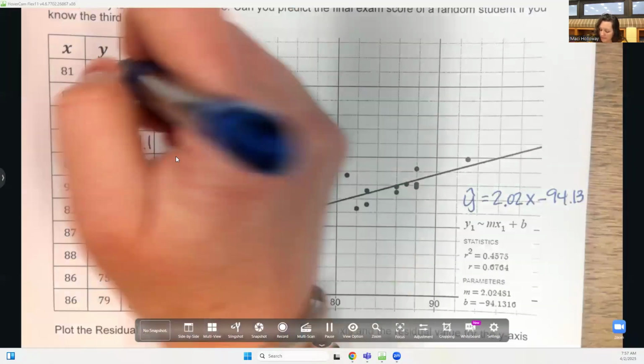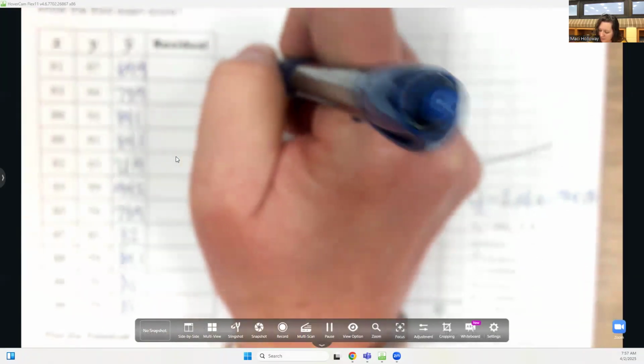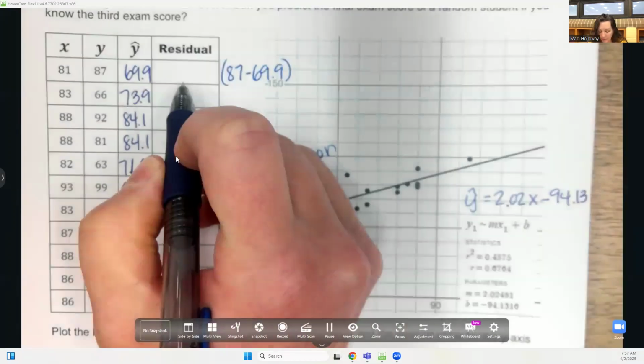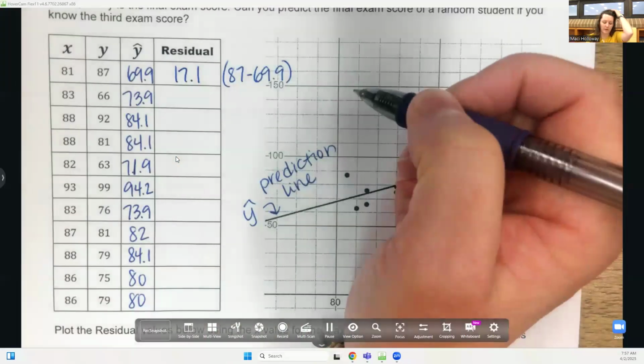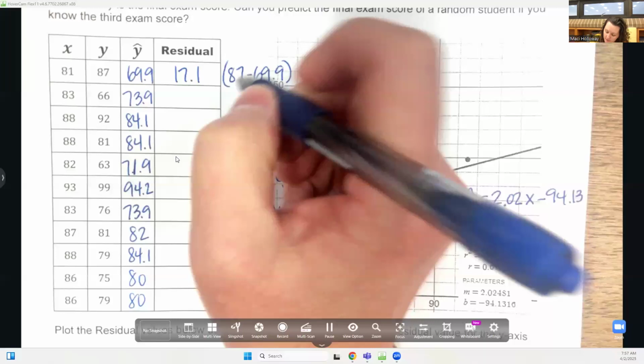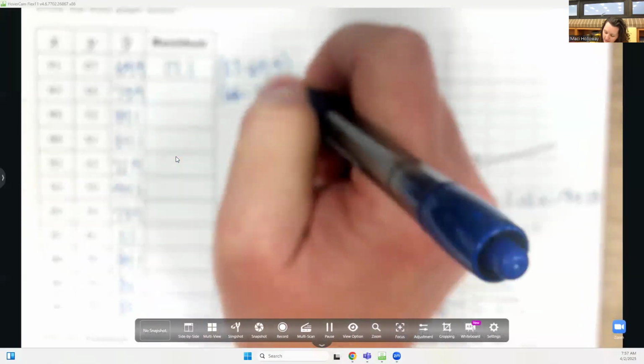So we're going to do 87 minus 69.9, and that's going to get us our residual, which is 17.1. Seems kind of large. All right, so we're going to do the same thing here, 66 minus 73.9, and we get our residual value, which is negative 7.9.